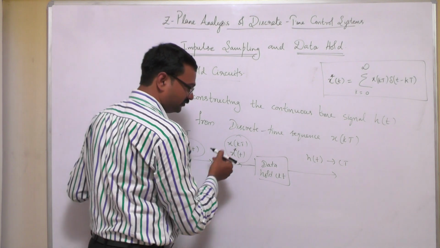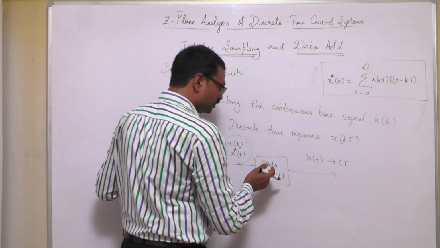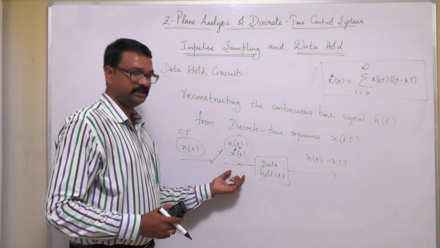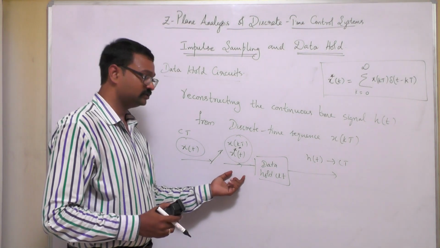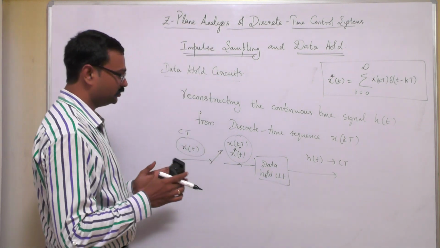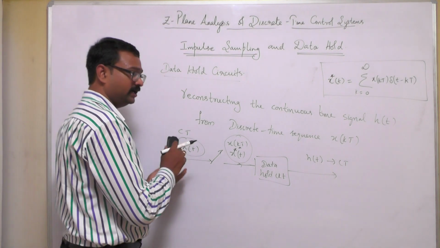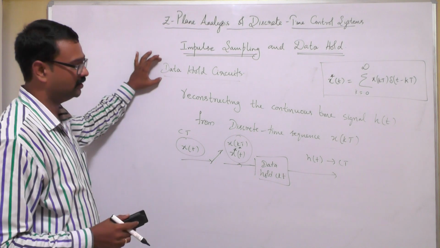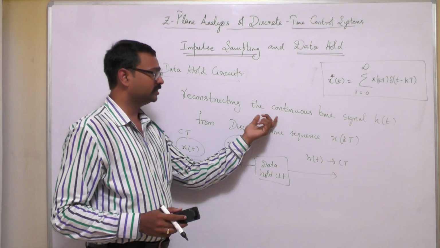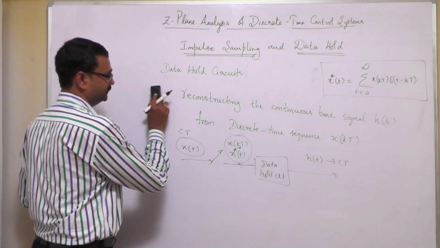So you are calling it x of kT, that is k from 0, 1 and so on up to infinity, and the data hold circuit is a circuit that is converting this discrete data sequence, which is having values only at discrete instants of time, into a continuous time signal again. So you are trying to convert back, or reconstruct, the continuous time signal from a discrete time sequence. That is called a data hold circuit. Data hold is the process in which we are trying to reconstruct the continuous time signal h of t from the discrete time sequence x of kT.